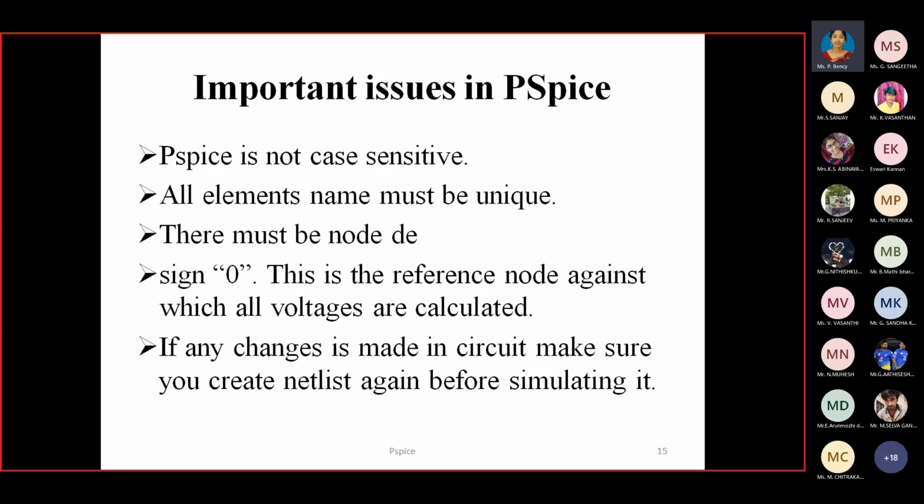So all the resistors must have unique names, and it is applicable for all parts, not only for resistors. There must be a node designated 0. This is the reference node. 0 is the reference node against which all voltages are calculated.